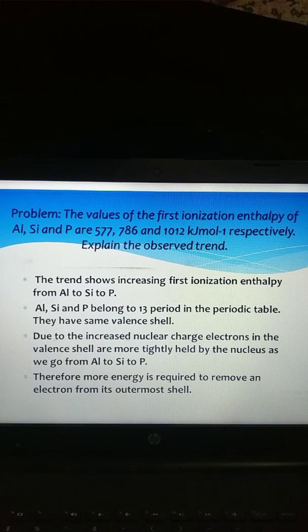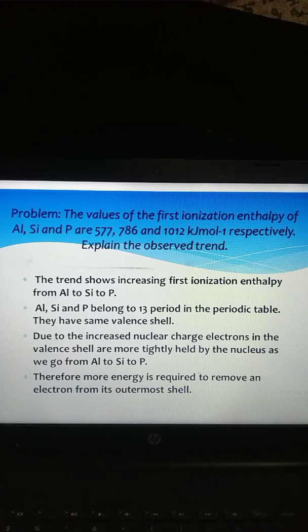You might have seen that the nucleus is the innermost part of the atom, and it keeps the outermost electron intact with itself. If you want to remove the outermost electron, you will require more energy. If they are loosely bound, then they can easily be removed from the outermost shell.